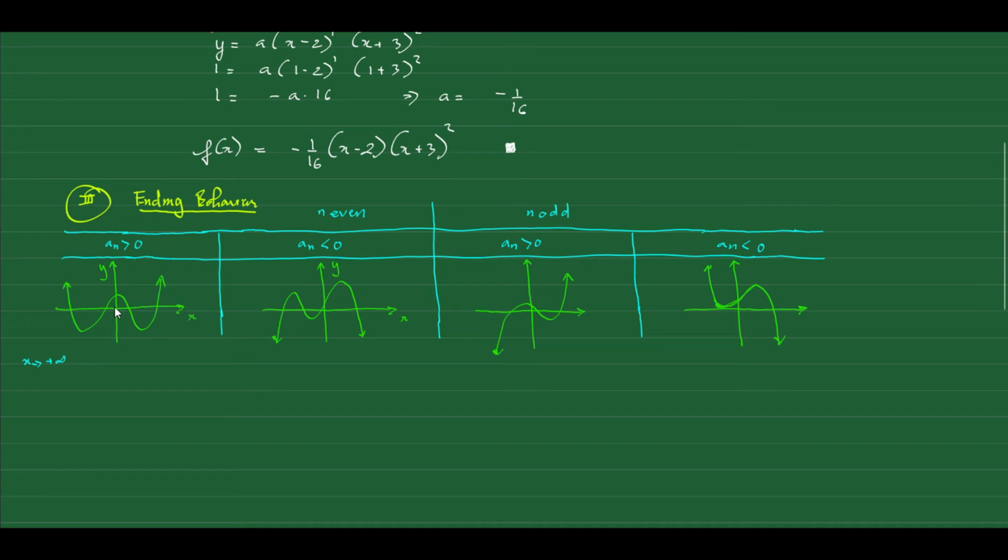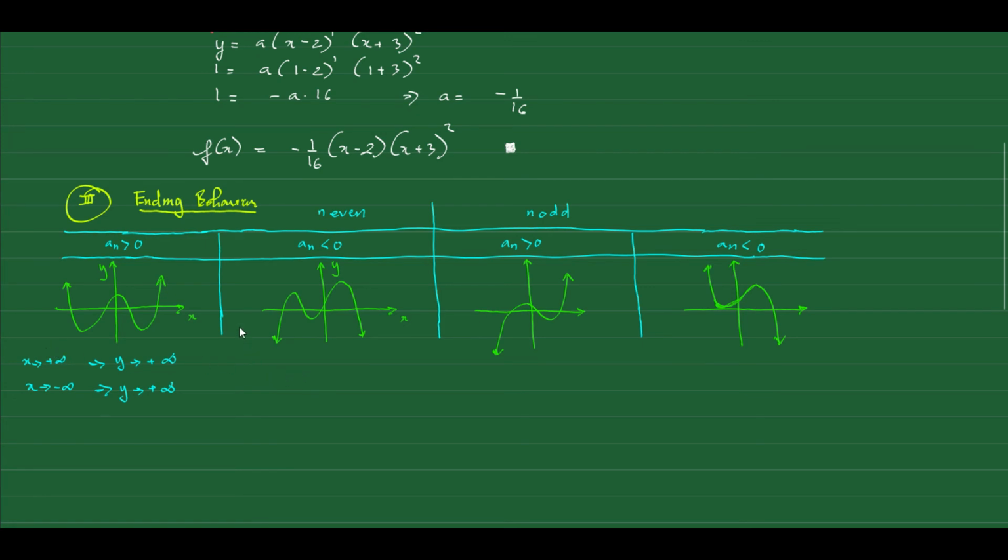The more you go to the right, the more the function goes up. So y approaches positive infinity. And when you start from here and go all the way to the left, when x approaches negative infinity, the function is also going up. That is ending behavior.